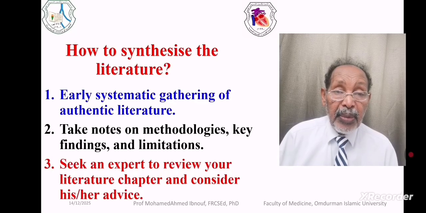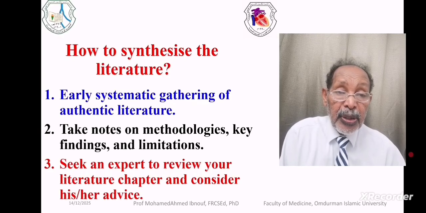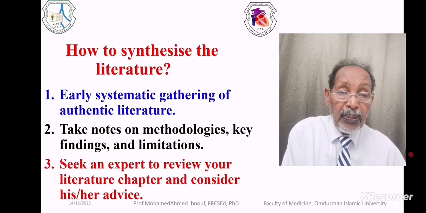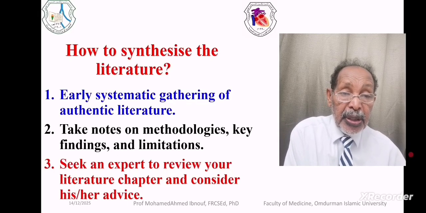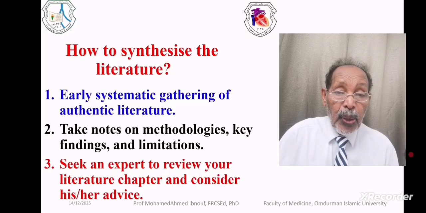So we collect the literature systematically, we read it, then we take notes on the literature we have chosen. We write notes about the methodologies. Articles with similar methodologies, we put aside. Those with the same outcomes or similar findings, we write a note about them.